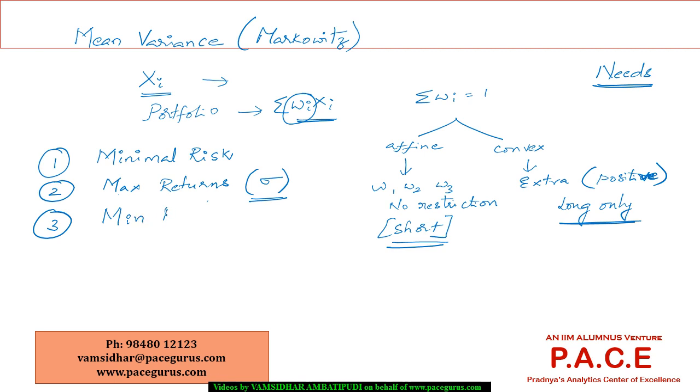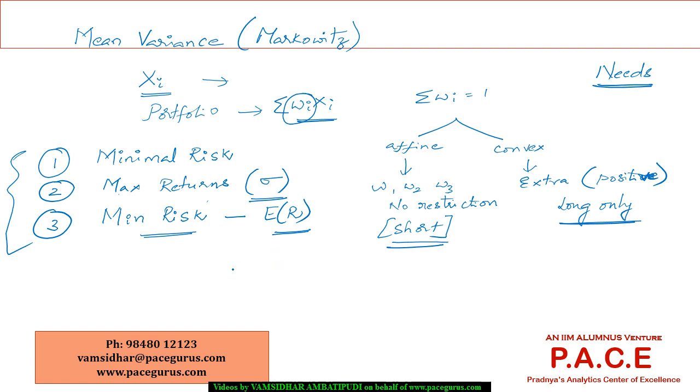I want my risk to be as minimum as possible, and I define some level of expected return. So for this particular level of expected return, I want the risk to be as minimum as possible. So like this, people can create different kinds of optimization problems and try to solve them accordingly using mathematical or numerical procedures.